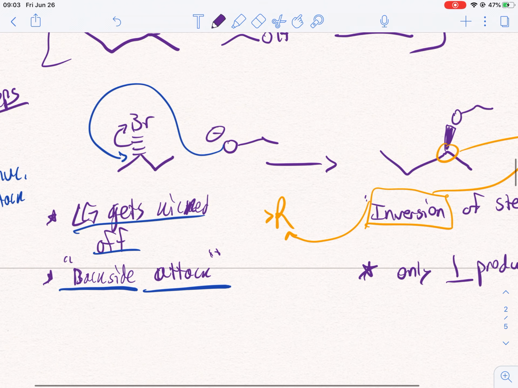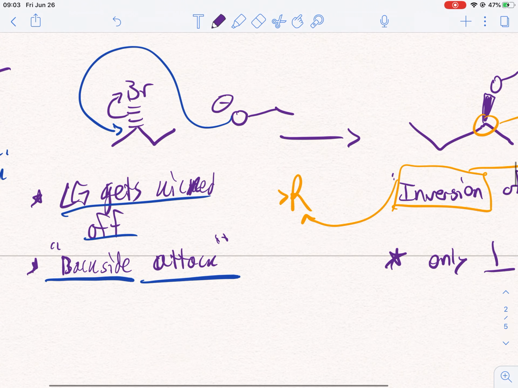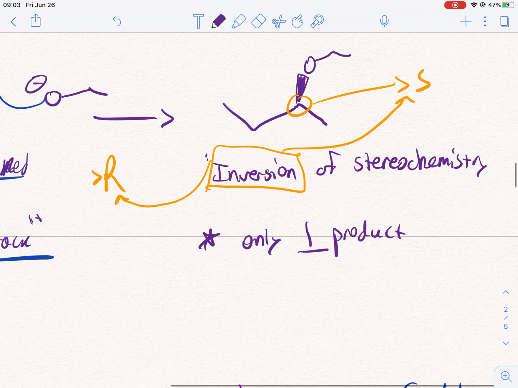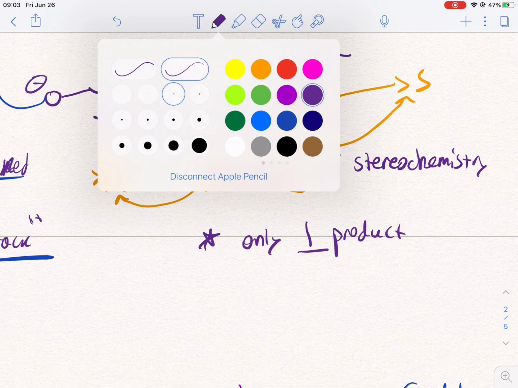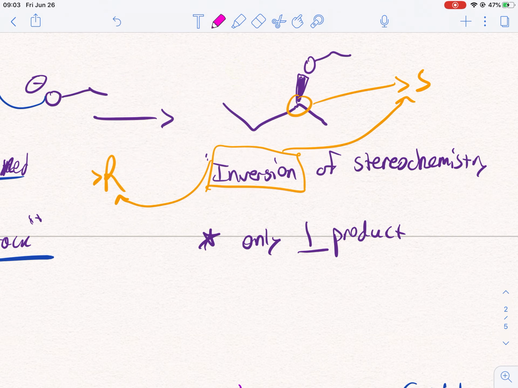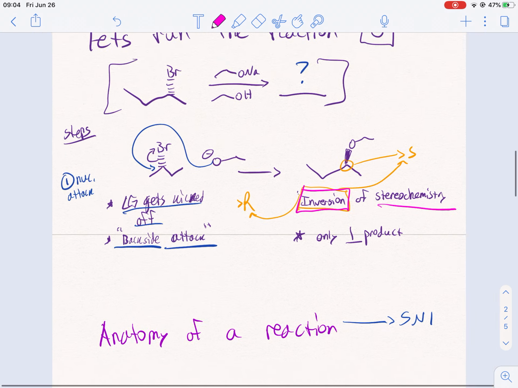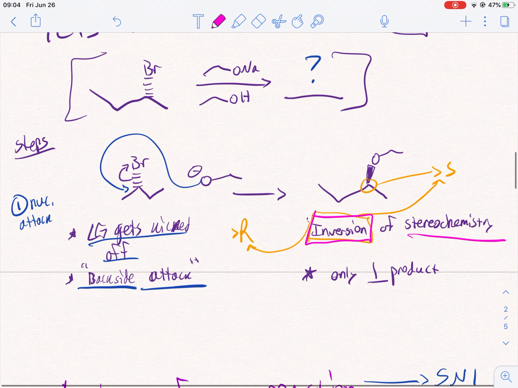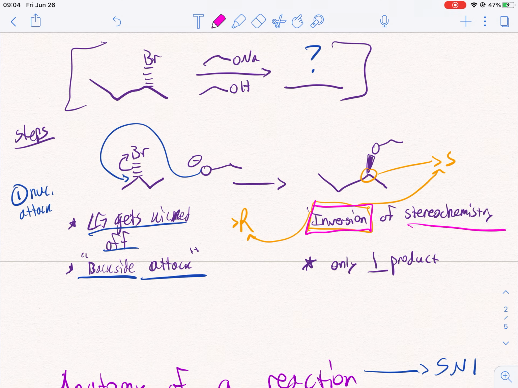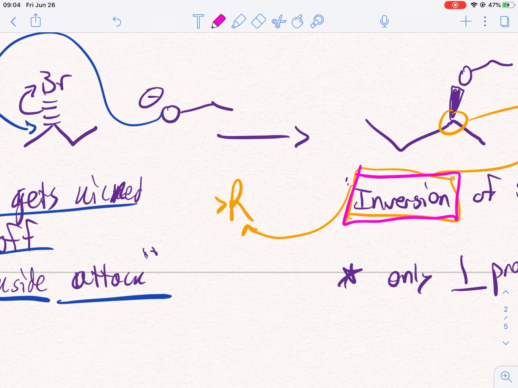Moving on. So, backside attack. And that backside attack does what's called an inversion. Inversion of stereochemistry. Okay? It's only going to attack this one way for SN2. Right? And that's important because, we're going to go back.